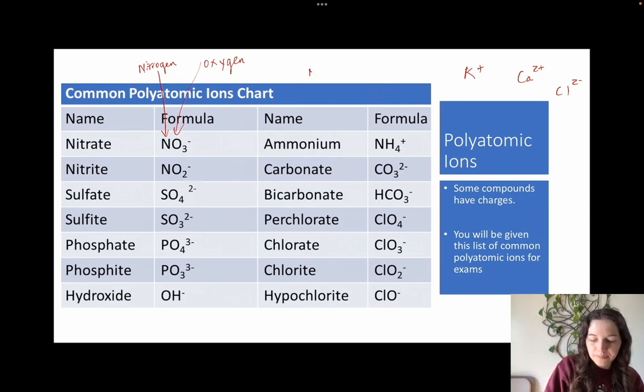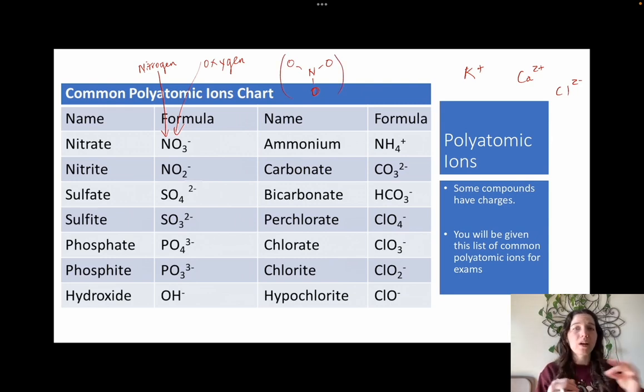It has a nitrogen and it's got 3 oxygens connected to it covalently. And that entire complex, the nitrogen with the oxygens on it, has a -1 charge. And that's why we call it a polyatomic ion, because it's composed of multiple atoms, so that's polyatomic. So multiple atoms.